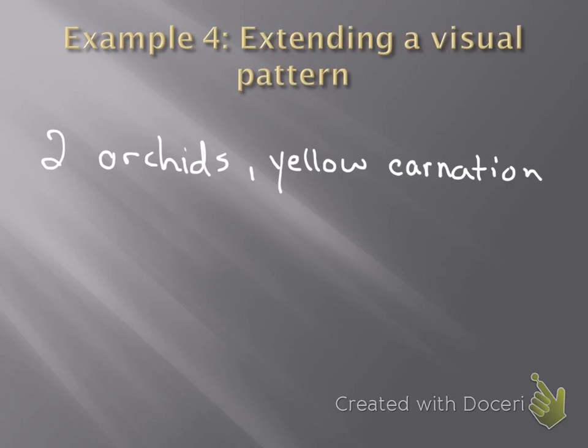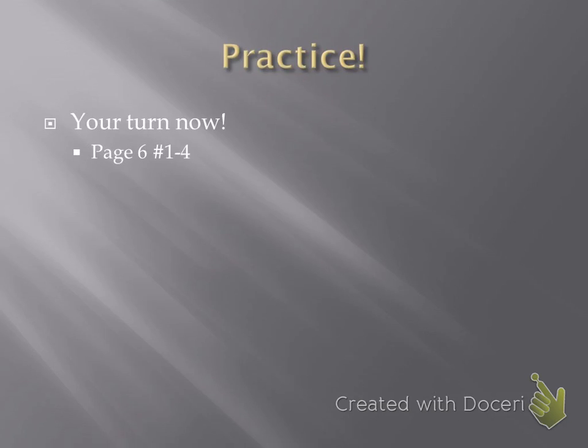Now, do you see your turn now underneath example 4, numbers 3 and 4? Do you guys see that? That's what it's going to look like on your homework, quiz, and test. So we're actually going to now do your turn now on page 6, numbers 1 through 4. You should see underneath example 3, numbers 1 and 2, and underneath example 4, numbers 3 and 4.